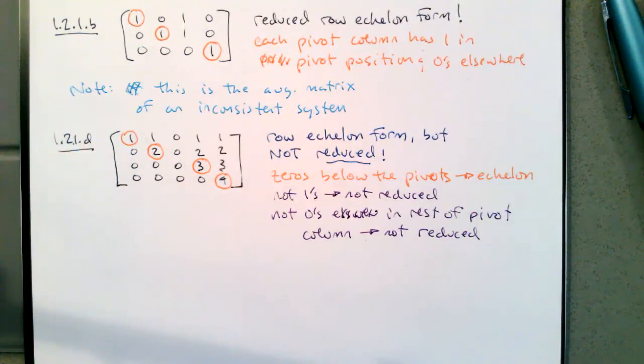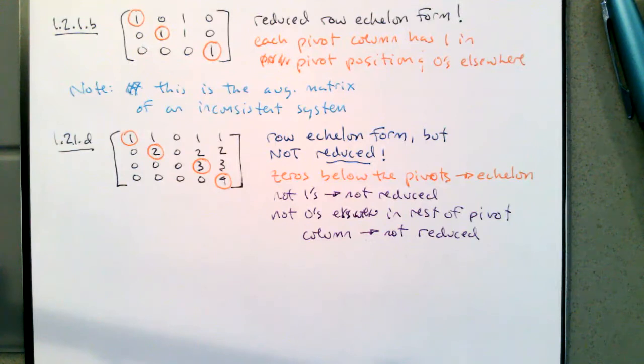But let's say we were to switch the last row and the third row, would that therefore be in reduced row echelon form? That is correct. In part C, to get into echelon form or reduced row echelon form, all the rows of zeros have to be at the bottom. And so you'd have to switch the third and fourth rows in part C to get reduced row echelon form.